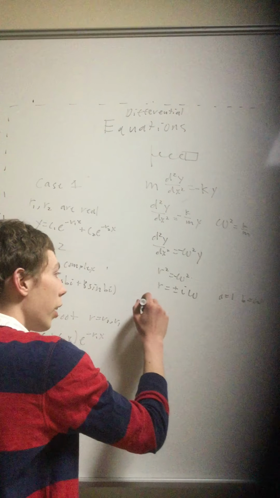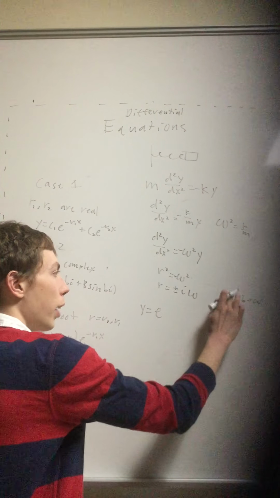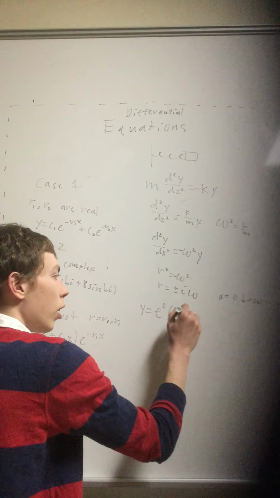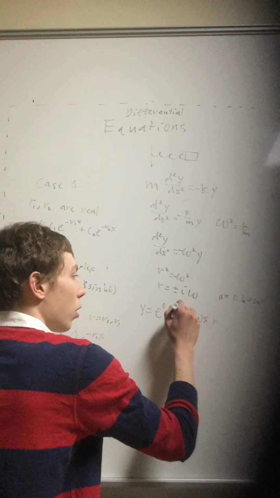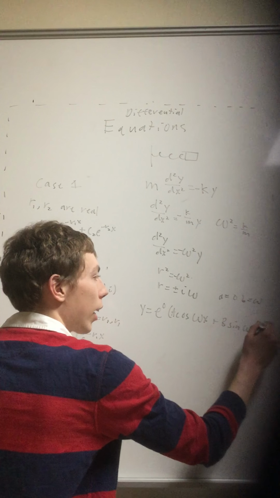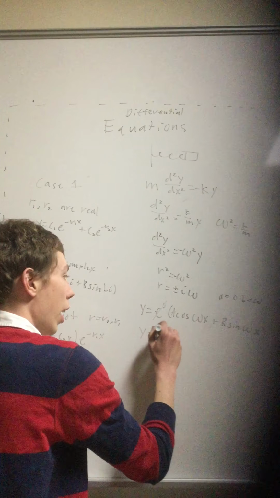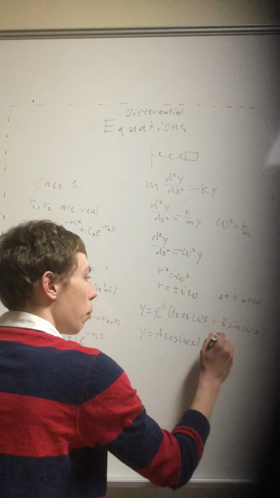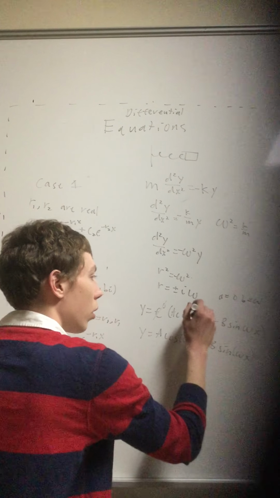So the solutions are y equals e to the 0 times (a cosine omega x plus b sine omega x). And e to the 0 is just 1, so this is y equals a cosine omega x plus b sine omega x.